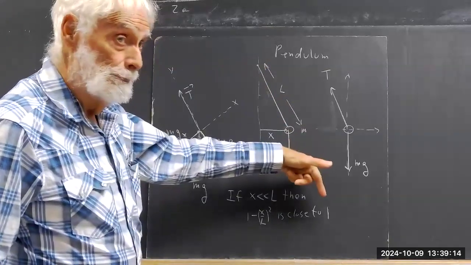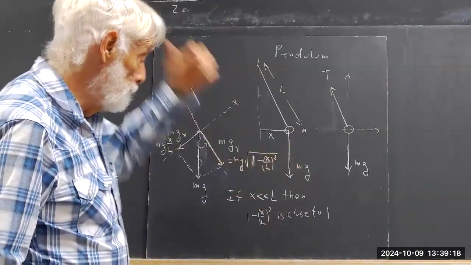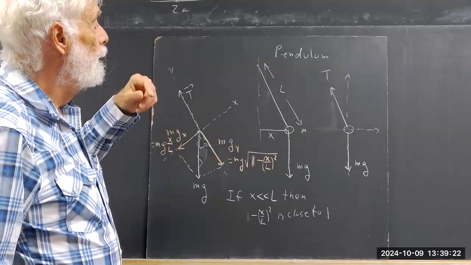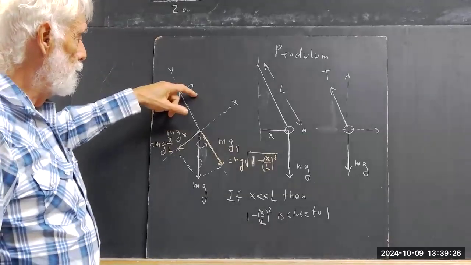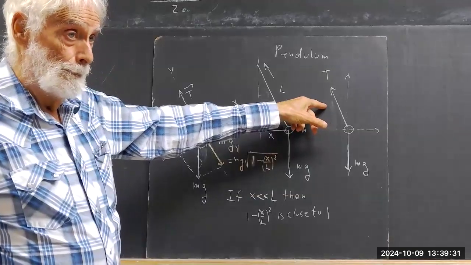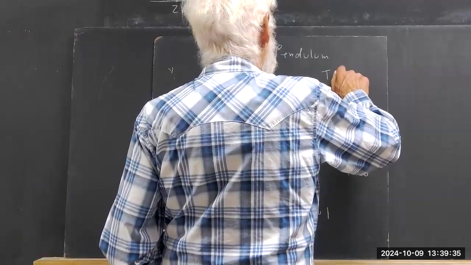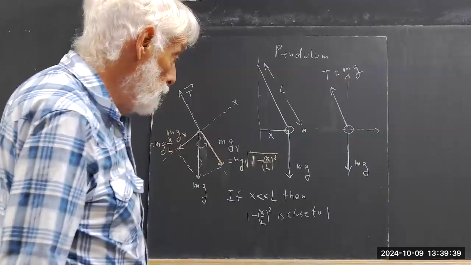It's not moving this way, right? Or this way. It's in equilibrium with respect to this direction, not with respect to this direction. If the tension is pretty close to mg here, it's pretty close to mg here. You're going to say tension is approximately equal to mg.